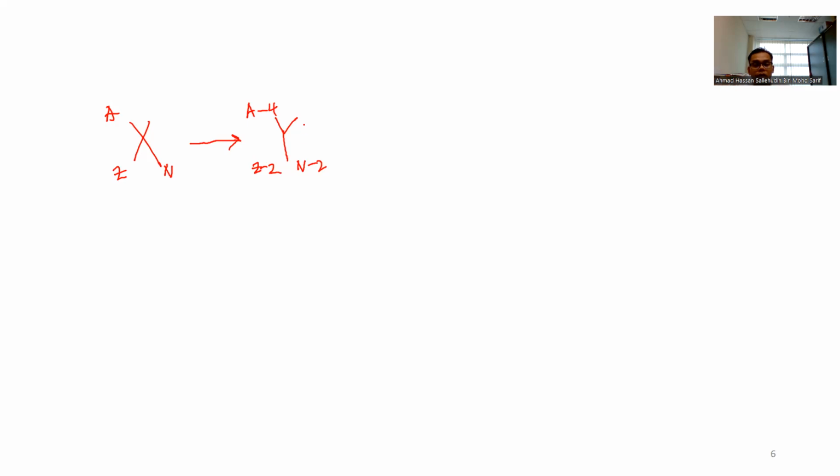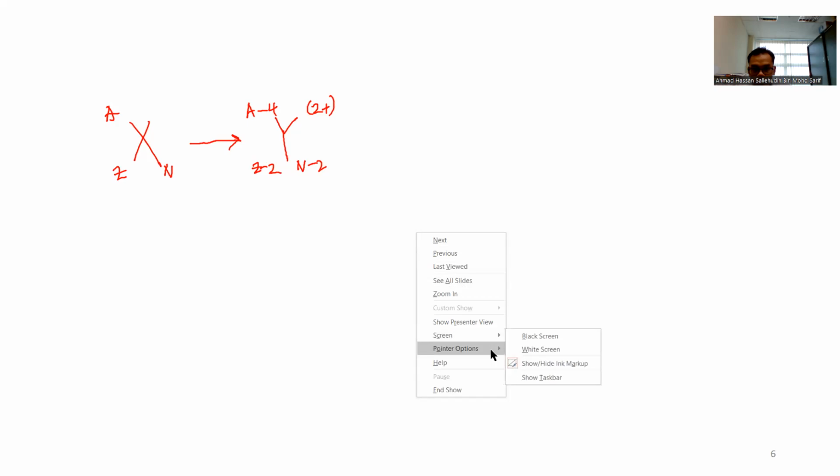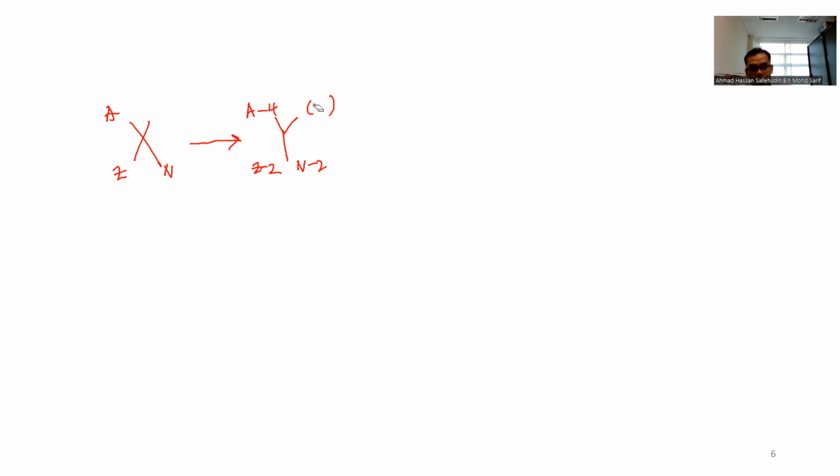Now if you consider the balance of charge of the atom, you are now excessive with two negative charge, because the nucleus is lacking two protons, so it is two minus.